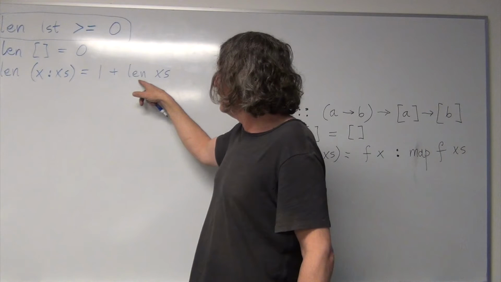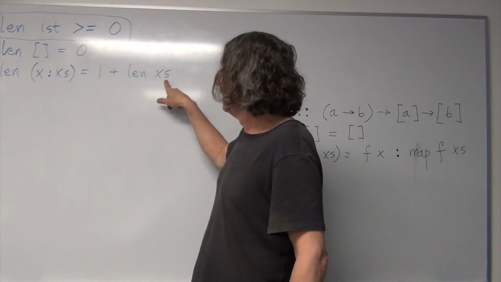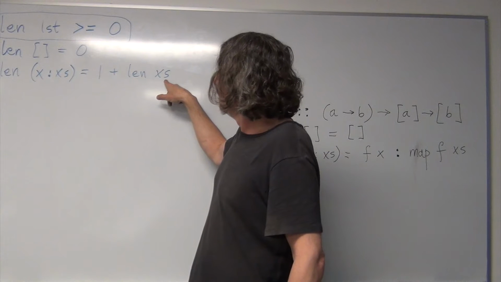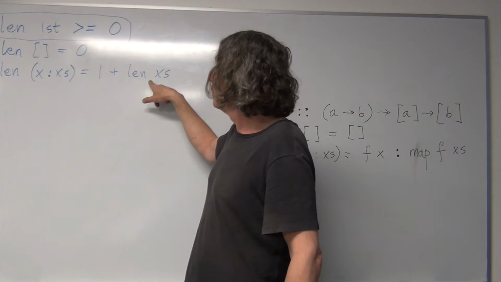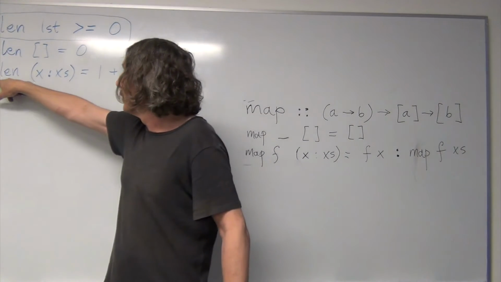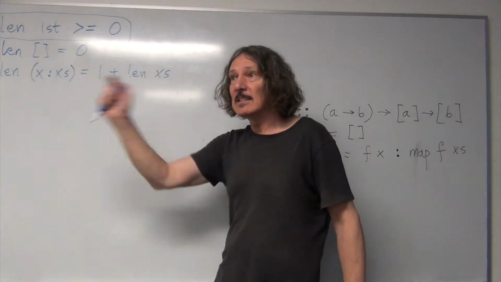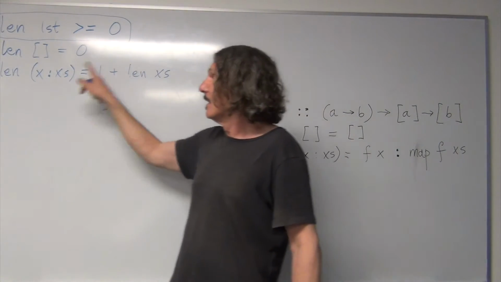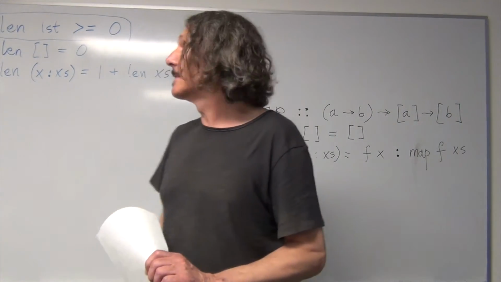So if this theorem is true for length of xs, then 1 plus something that's greater than or equal to 0 is also greater than or equal to 0. So I have proven this by assuming this. So this is my induction step. I assume this, and I prove this, and therefore it's true for all lists.